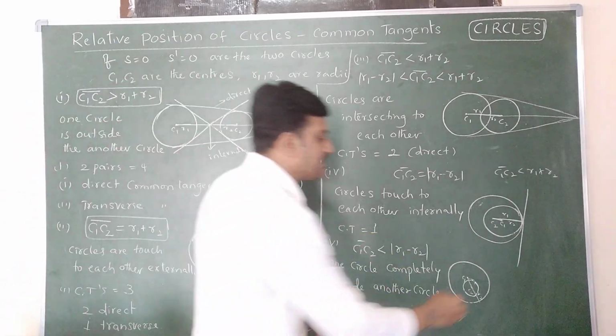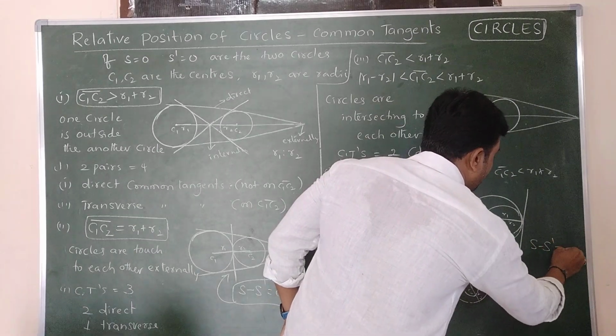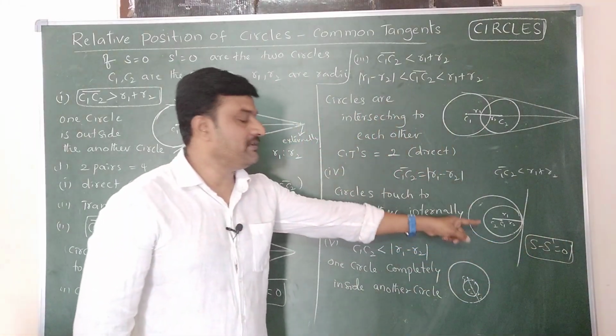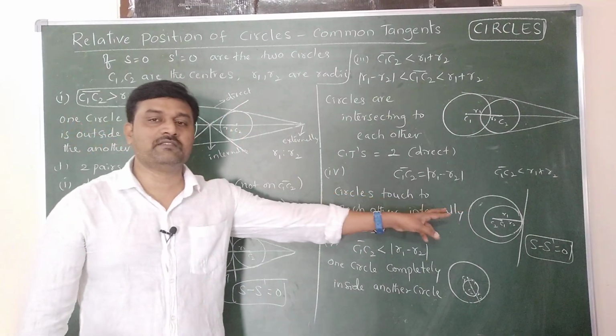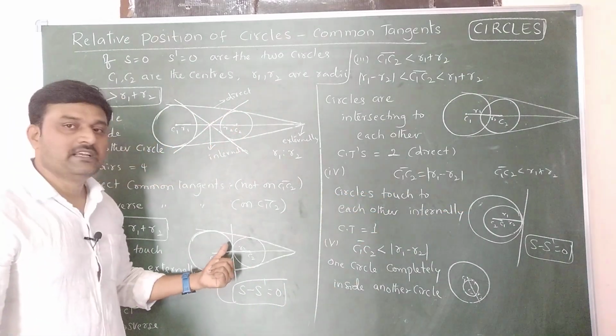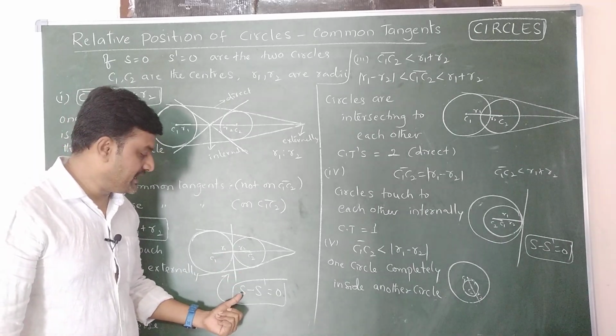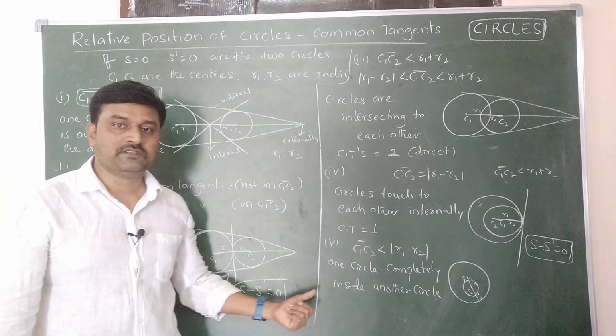When the circles have a single common tangent, we can find the equation by taking S minus S dash equals 0.